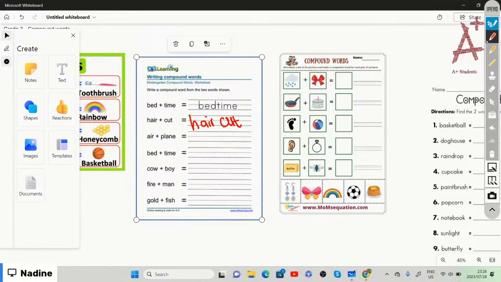All right, so haircut. Then we have air plus plane. We need to recreate that into a compound word.